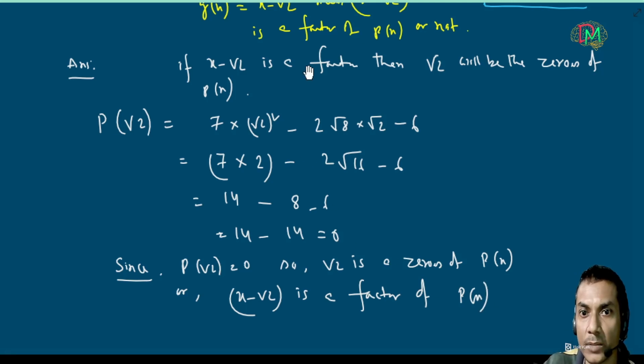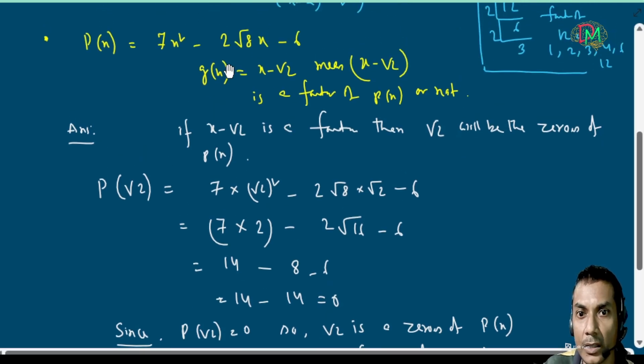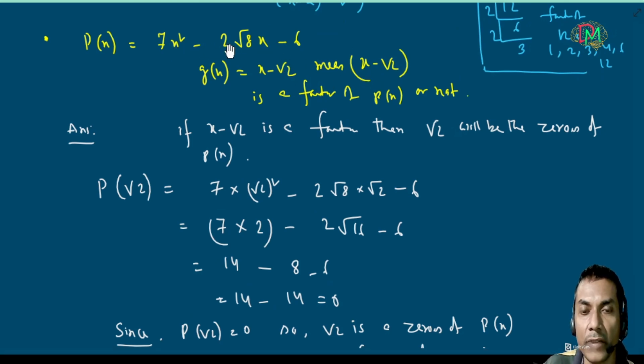Factor of p(x) means factor of this given polynomial. This means x minus root 2 is a factor of the polynomial. It is satisfied. Okay, clear?